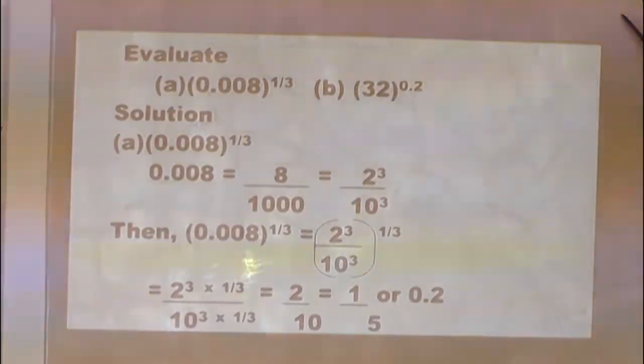That is, the other way of expressing this 0.2 or 1 over 5 is the same thing as 0.008 all raised to the power of 1 over 3. The solution of the second question goes thus.